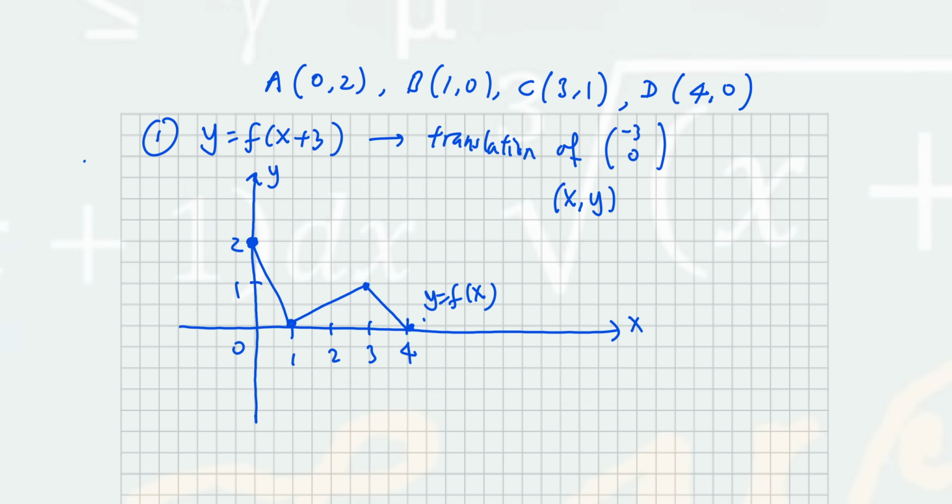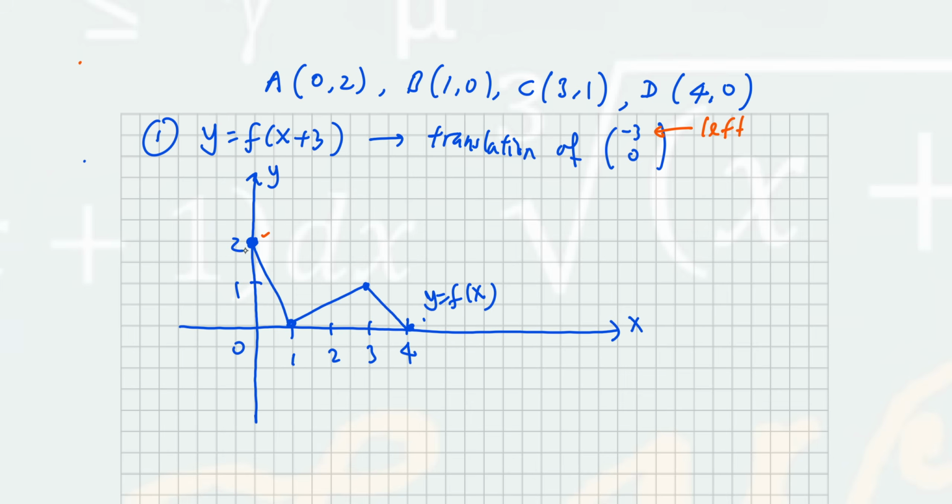Once I know that it is a translation, what I need to do is move the graph 3 units to the left. Because the x is changing and it is negative, it is to the left. If it is positive, then to the right. So I move each point 3 units to the left.